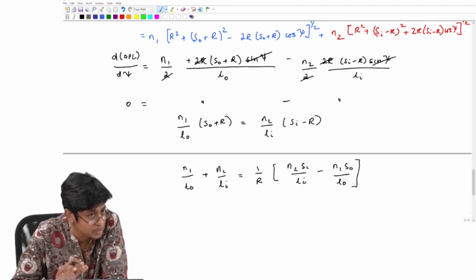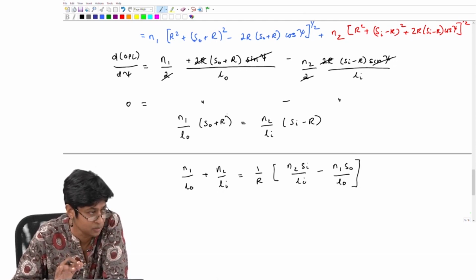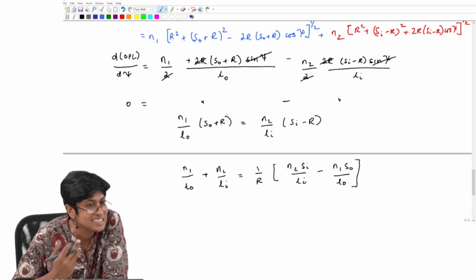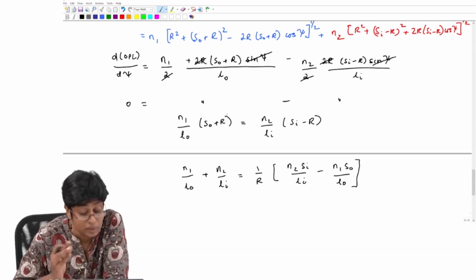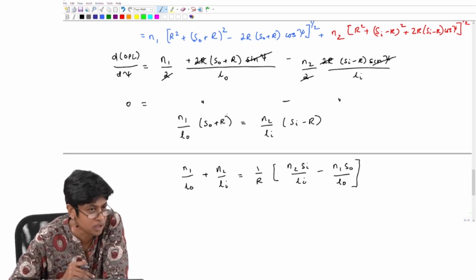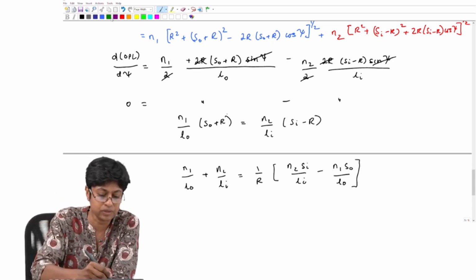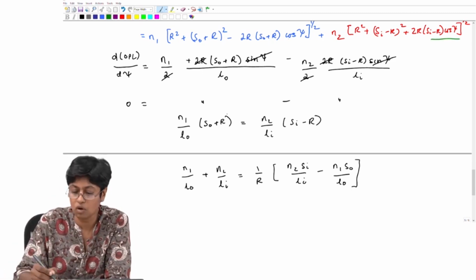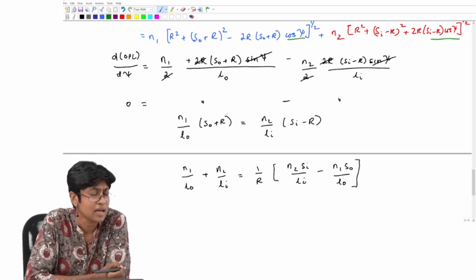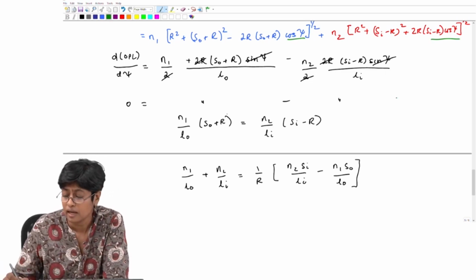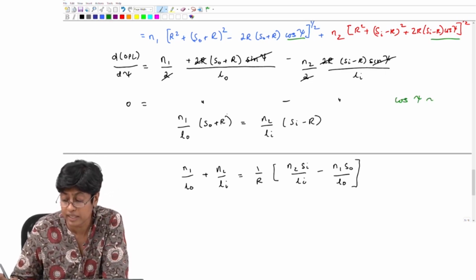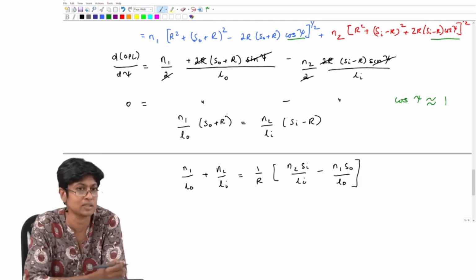So, in its present form, it is not carrying out the imaging that we want. Is there some condition we can apply that will make this equation work for us? And it turns out if you go back up to this part of the equation, you see you have a cos psi here. Now, what if I said I can make cos psi, or let us take the condition when cos psi is equal to 1.